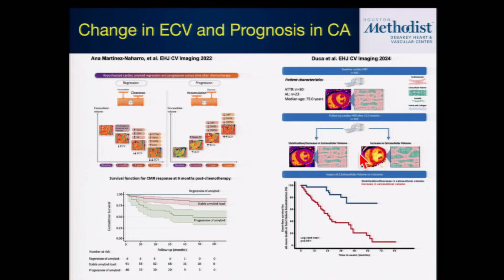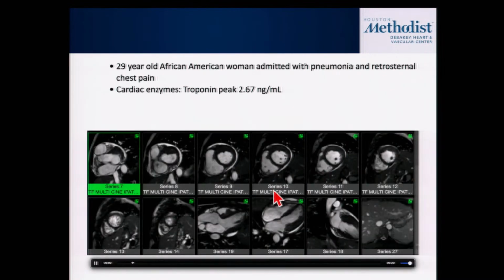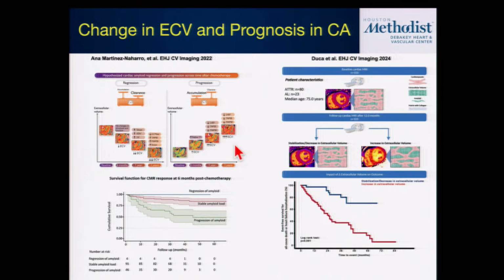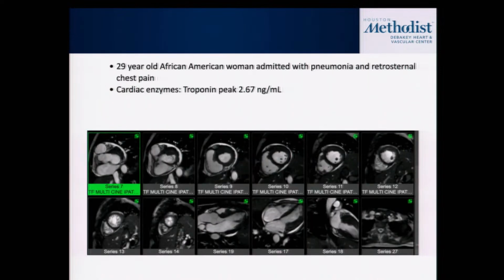A more recent publication looked at patients with ATTR as well as AL, and noticed that those patients who demonstrated an increase in extracellular volume at 12 months on serial imaging had a worse prognosis than those patients that showed stabilization or decrease in extracellular volume. So again, there's more work that needs to be done in this area, but the question is, could there be a role in using this to monitor effectiveness of therapy?